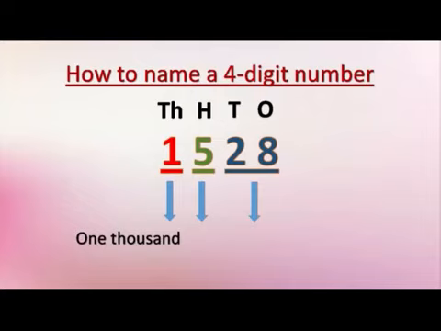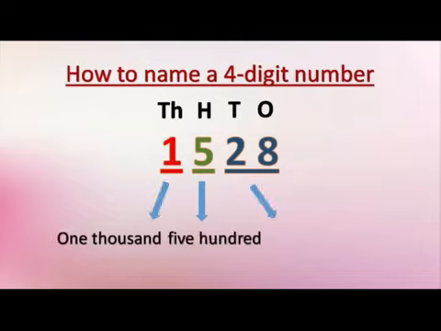So, this is 1000. 5 as the hundreds digit. So, 500. And 2, 8 as the tens and ones digit. So, this is 28.